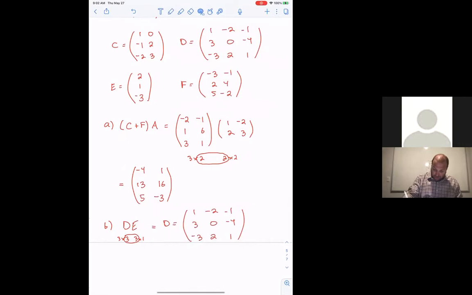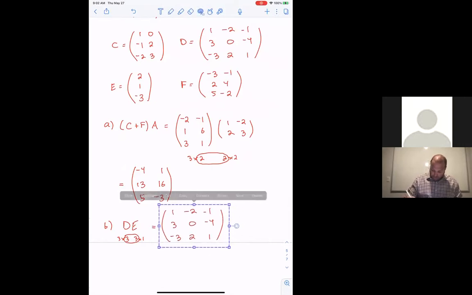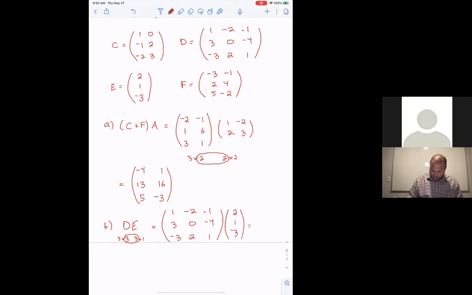So there's D. And then E, I'll just rewrite. It's small: 2, 1, -3. And I know I'm going to get a 3 by 1 at the end. So first row, only column: 2 minus 2, 3. 6, 0, 12. And -6 and 2 is -4, -3, -7.